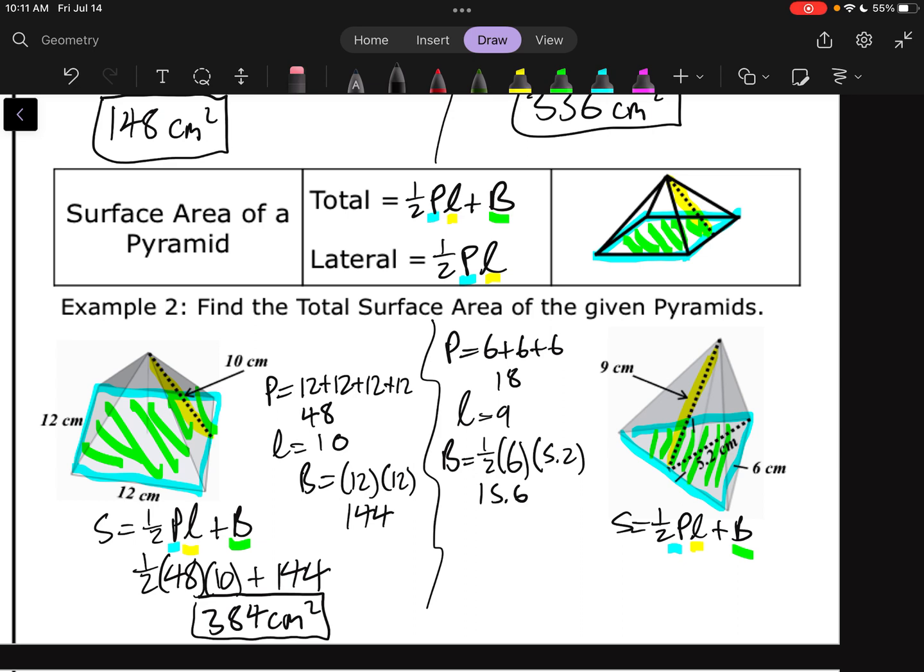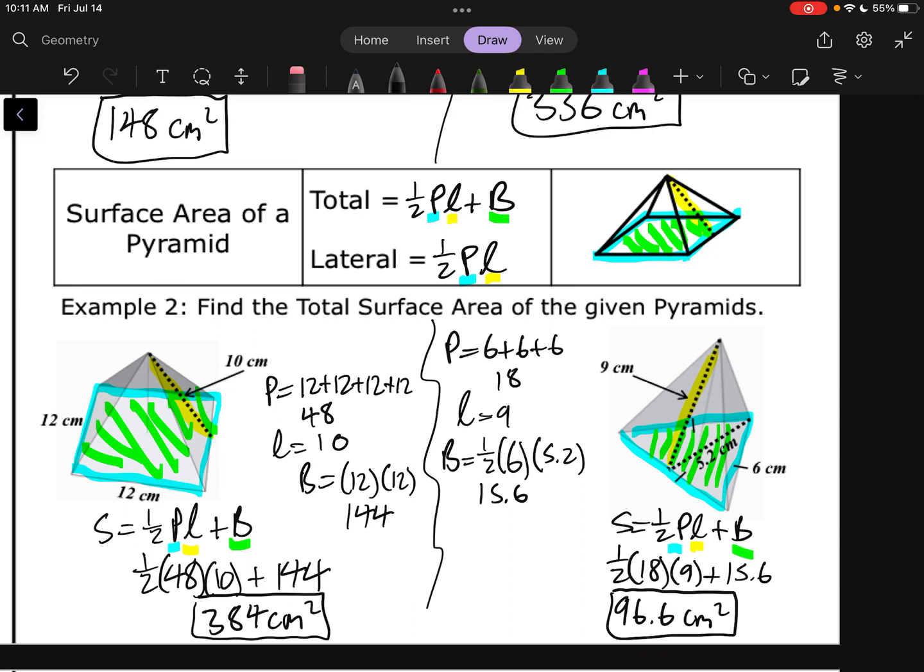All right, so we've got all of our information here. So we're going to do 1/2 times 18 times 9 plus 15.6. And that is going to be 96.6 centimeters squared.